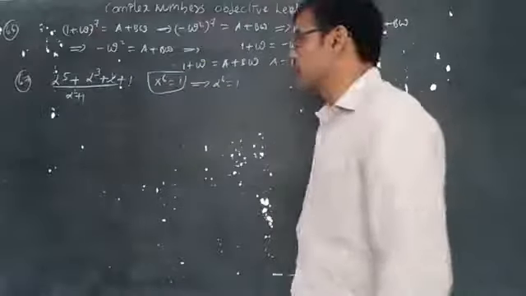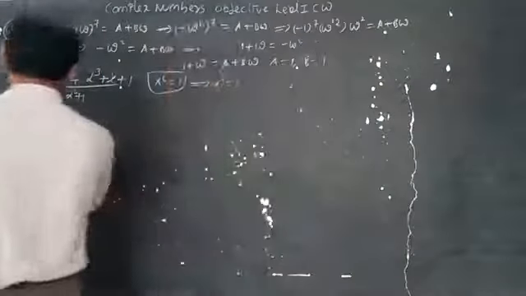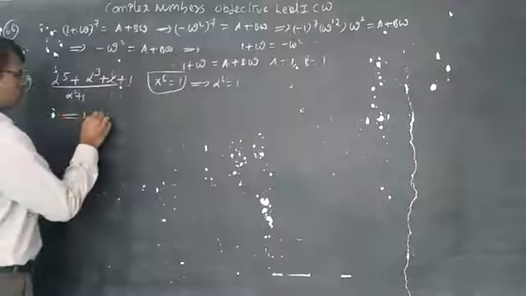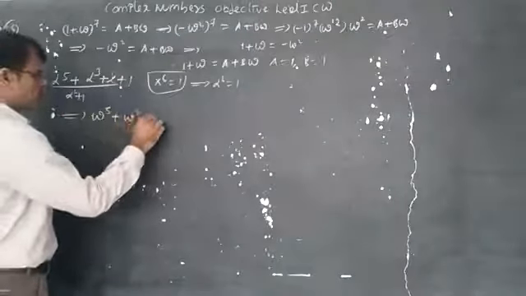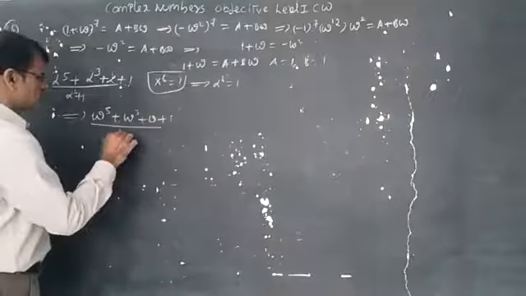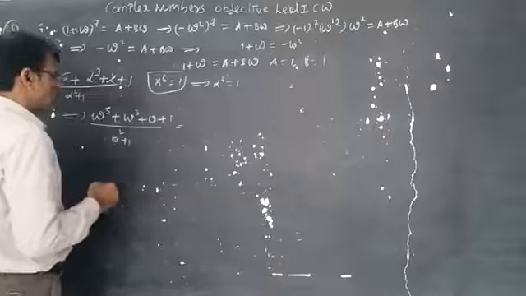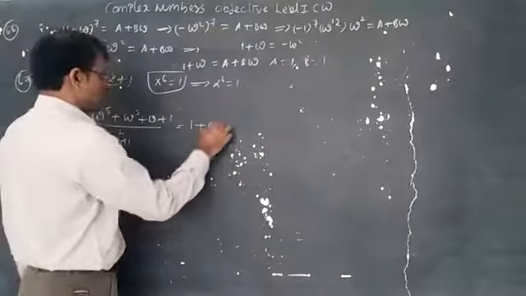Whenever omega is a root, you can apply the properties of omega. Now write like this: omega power 5 plus omega cube plus omega plus 1, whole by omega square plus 1. Omega power 5 can be understood as omega square because omega cube into omega square.